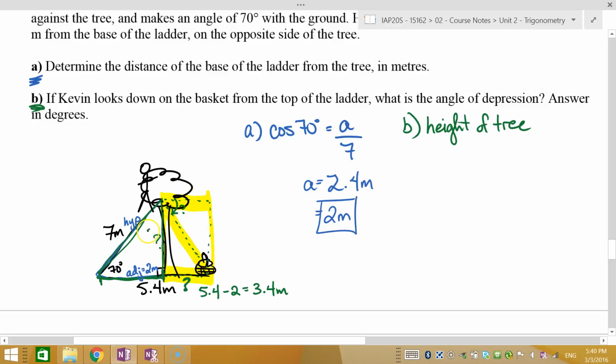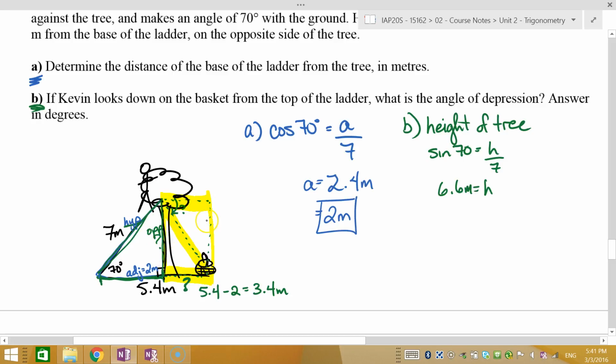Now this time I'm dealing with the opposite and the hypotenuse. So sine of 70 equals the height divided by 7, and the height will then be equal to 7 times sine of 70, so known as 6.5, or 6.6 more like meters.